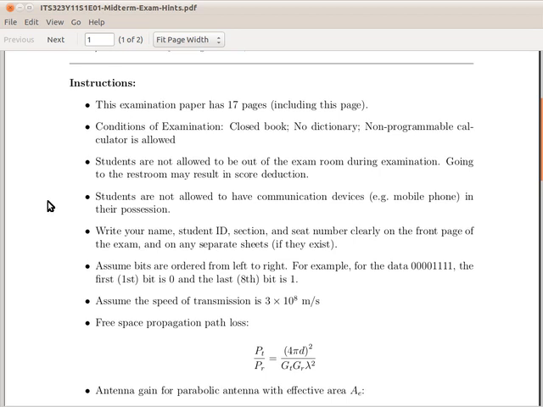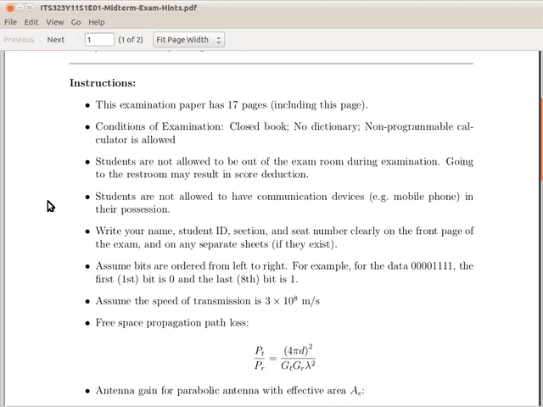It's closed book, no dictionary, calculator is allowed and encouraged. I think you'll need it. If you don't have a calculator or if you forget it, then do the questions and try and solve it to as much detail as possible. Most questions you can do it in your head, but I think some, if you want to give that correct answer, you'll need a calculator.